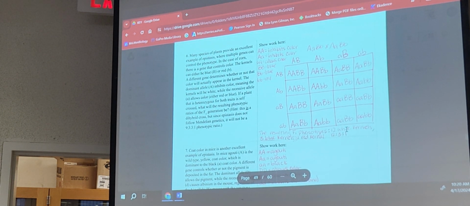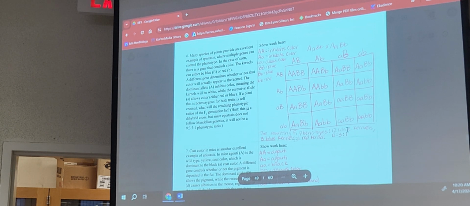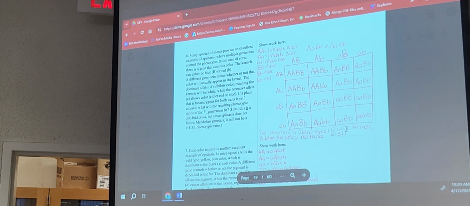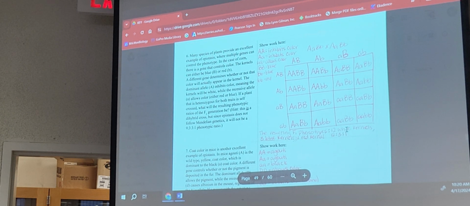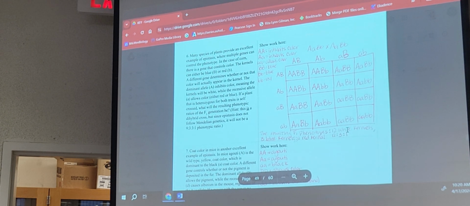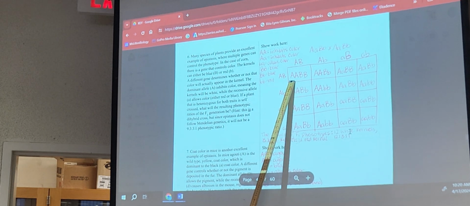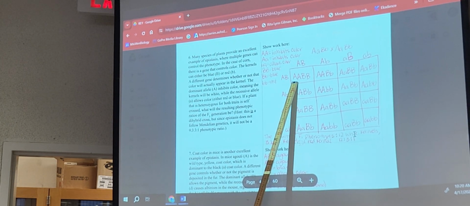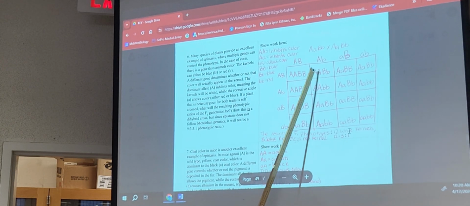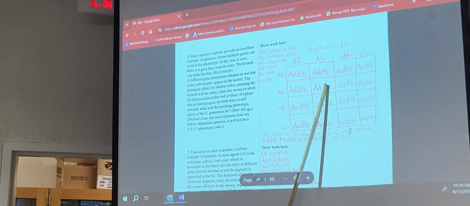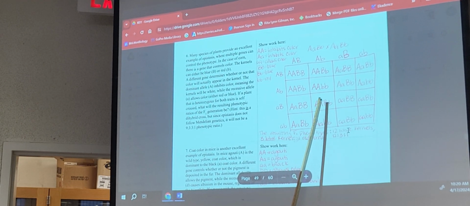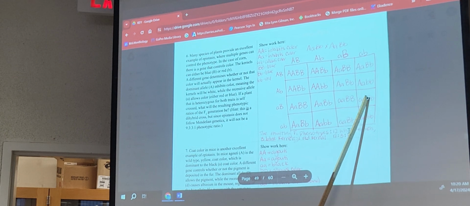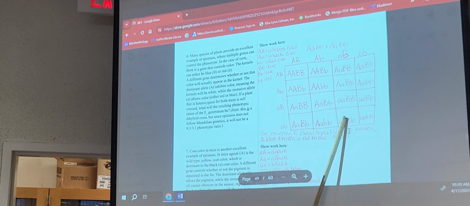Blue. This is an epistatic gene, so we have to look at trait A. A dominant trait A means what? No color. Right? So as soon as you see this, I don't care if it's one or two of them, it's like, oh, white, white, white, white, white, white, white, white, white, white, blue, blue, white, white, blue, red.